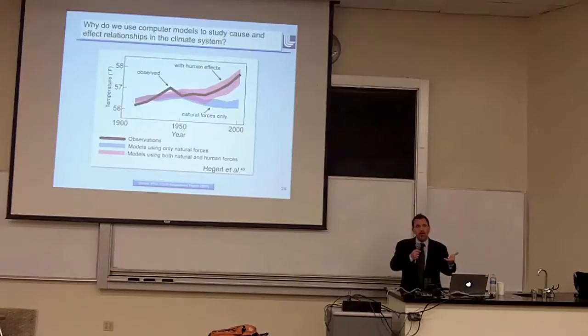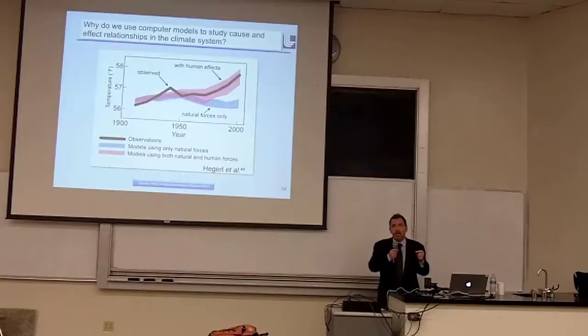What might the climate look like without any human intervention, without any human-caused changes in greenhouse gases? That's the blue envelope. The blue envelope is when you run climate models just with estimated changes in the sun's energy output and in volcanic aerosol loadings, according to our best understanding of how those things actually changed over the 20th century.